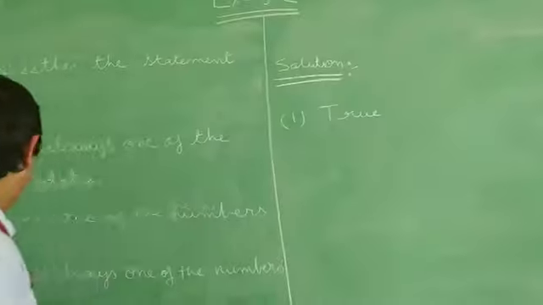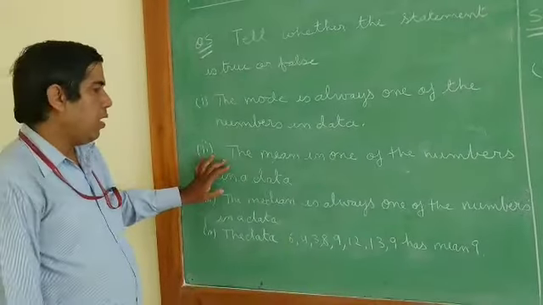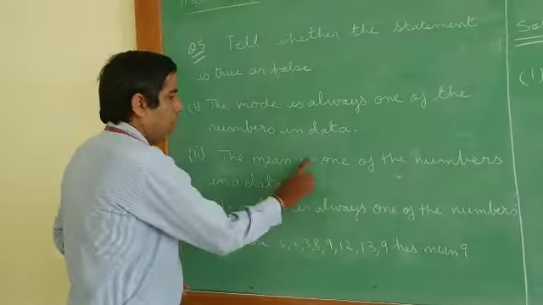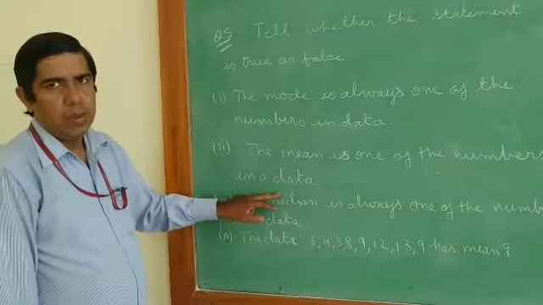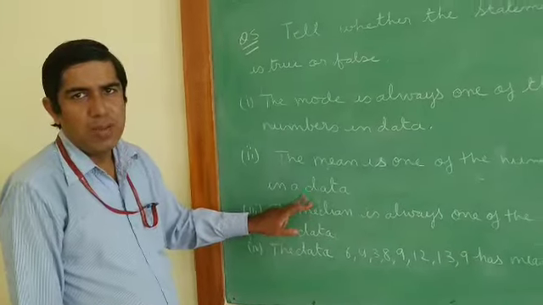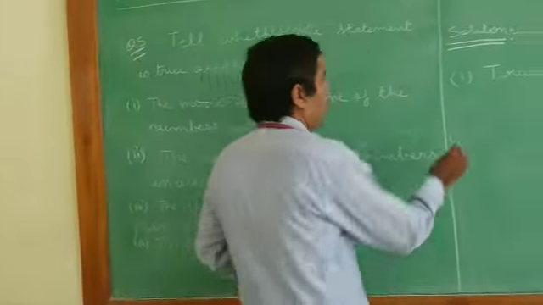Right? Now next, the mean is one of the numbers in a data. So it is wrong because mean sometimes may not be there or may be there. So it is false.